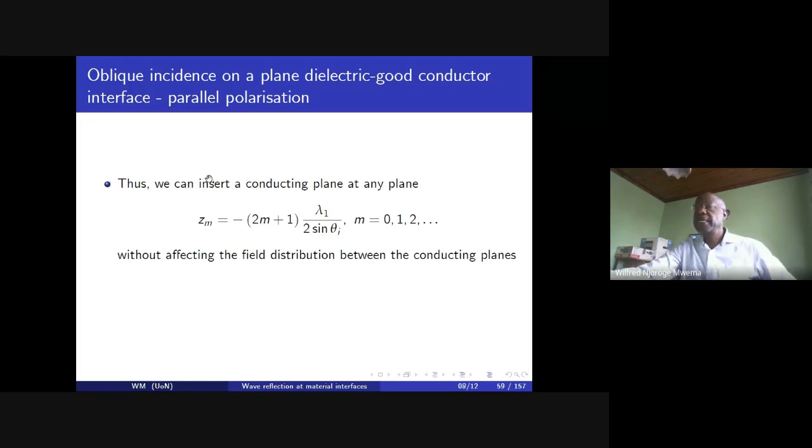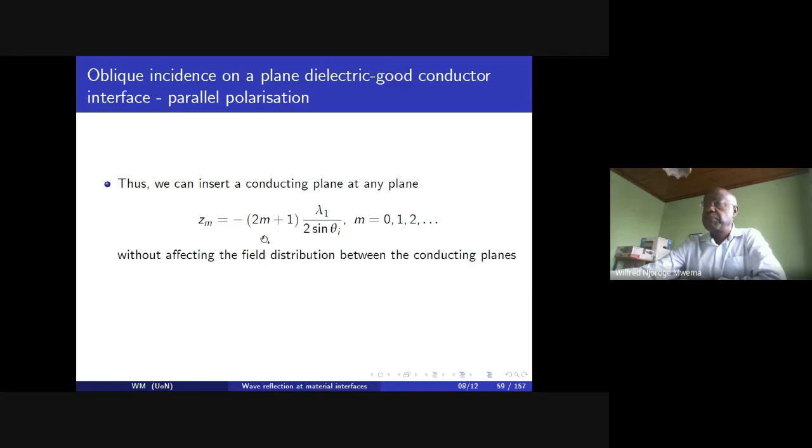Thus, we can insert a conducting plane at any plane where the electric field is 0, and we won't change the distribution of the electric field intensity between the two planes. That is the plane at the interface and the plane that we are introducing.